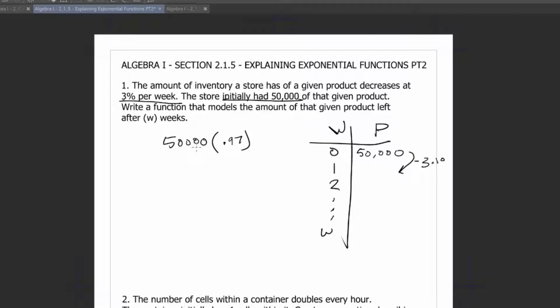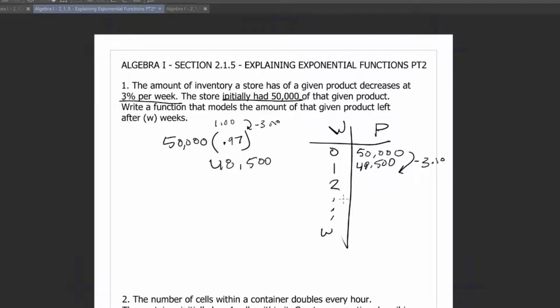Because if we want 100% of 50,000, that would be 50,000 times 1.00. If we want 3% less than that, or we want 97%, that's the equivalent. So 50,000 times 0.97 gives us 48,500, and that's the amount we'll have here.